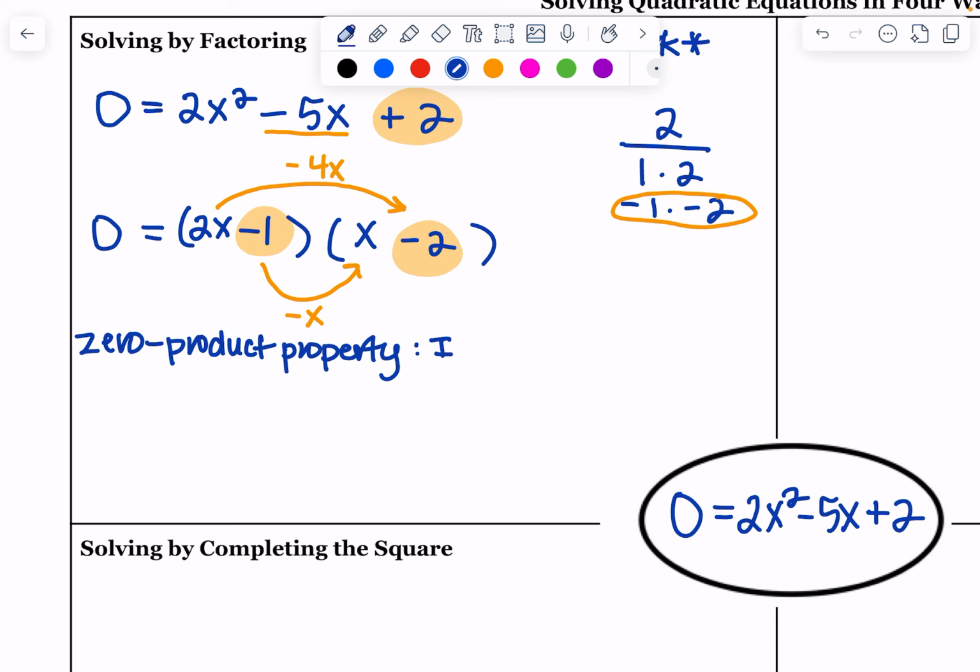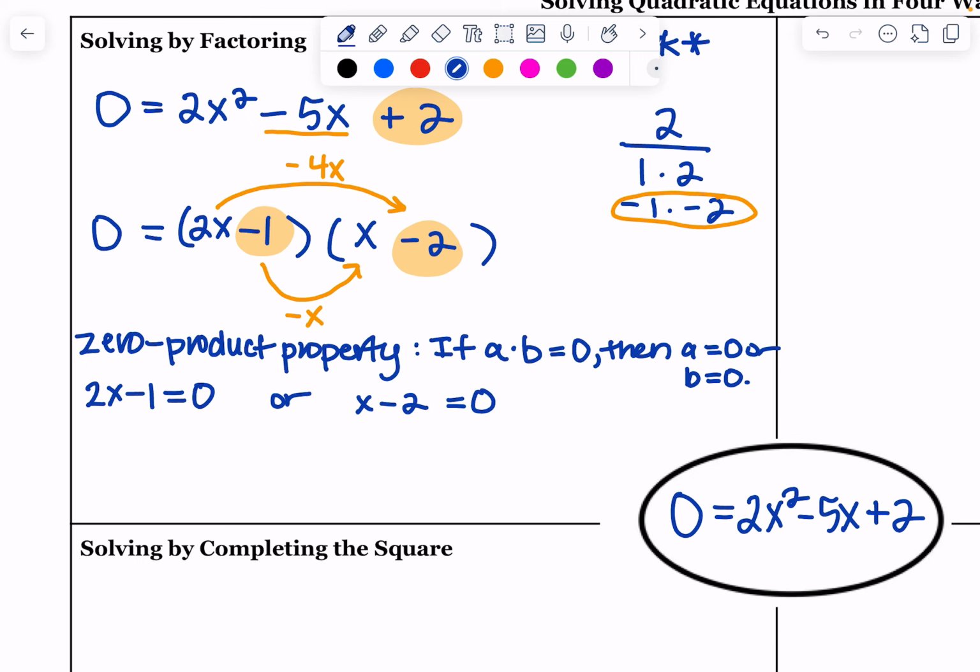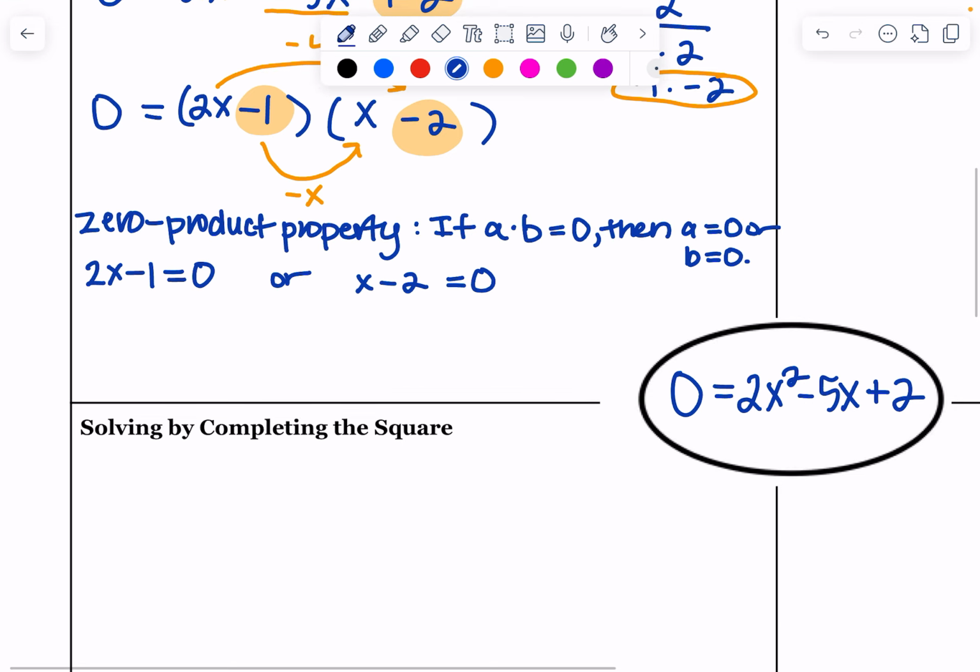Which says that if two factors multiply to equal 0, then one of them is equal to 0. So for us, we're going to have 2x minus 1 equals 0, or x minus 2 equals 0. And we're going to solve both of these for x.